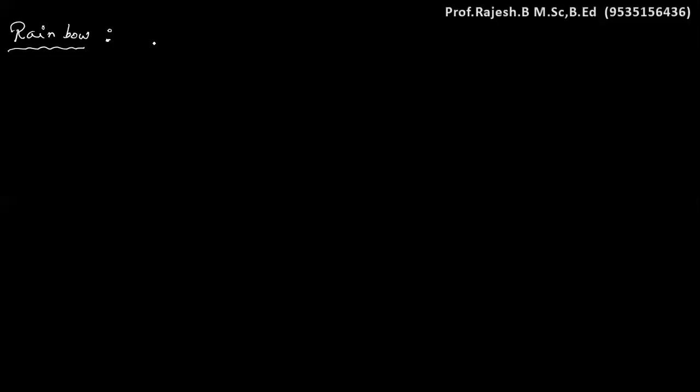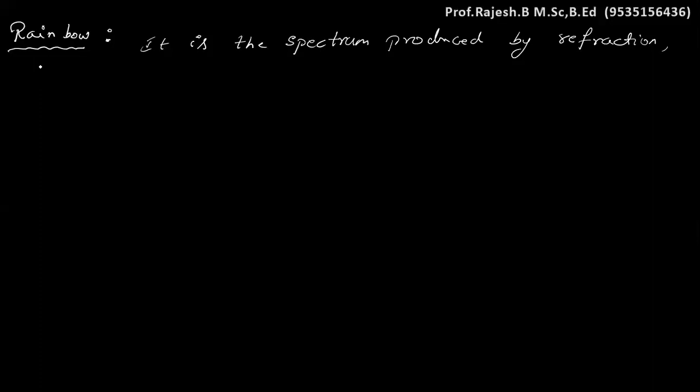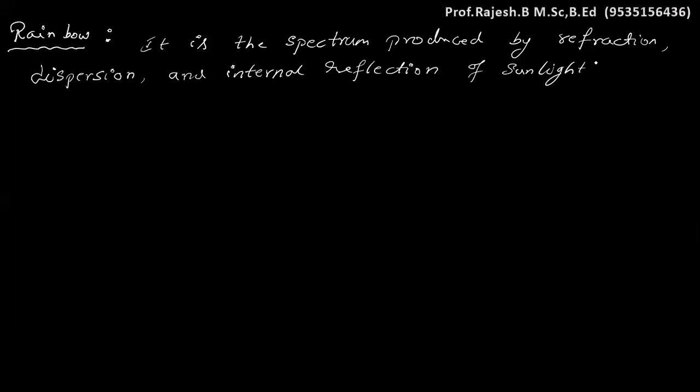So we can say that the rainbow is the spectrum produced by refraction, dispersion, and internal reflection of sunlight by the raindrops.